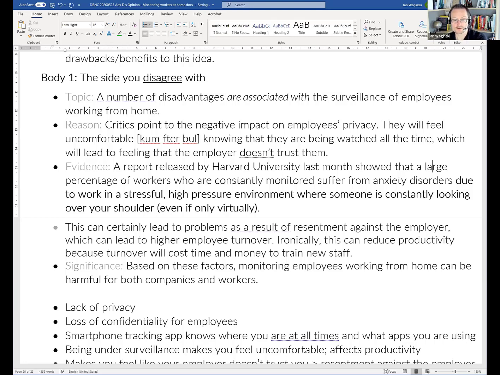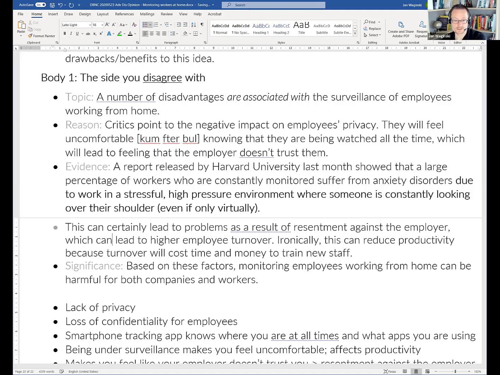A report released by Harvard University last month showed that a large percentage of workers who are constantly monitored suffer from anxiety disorders due to working in a stressful, high-pressure environment where someone is constantly looking over their shoulder, even if only virtually.